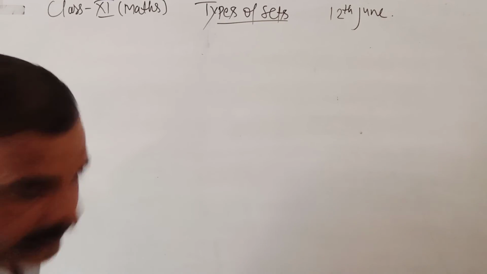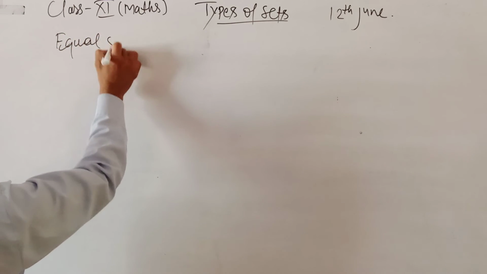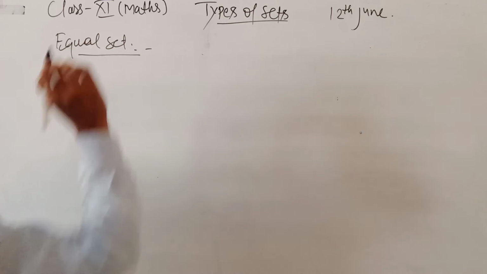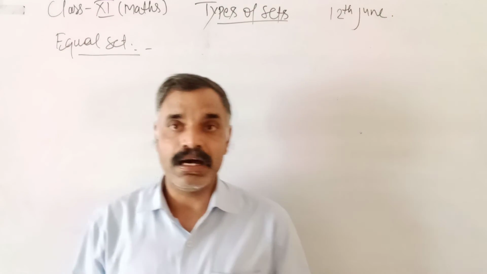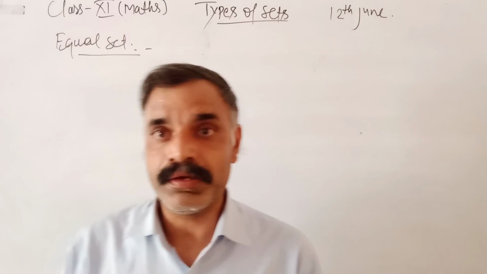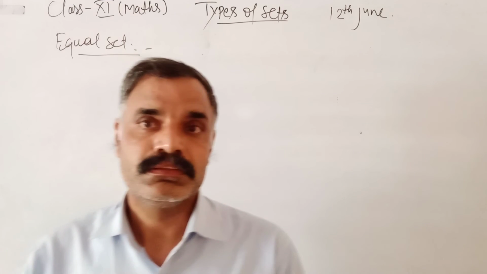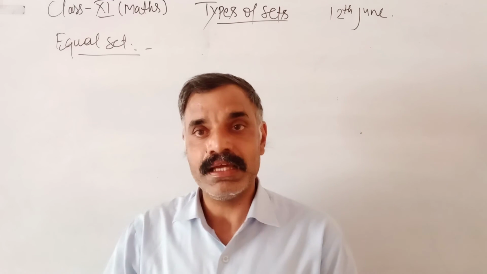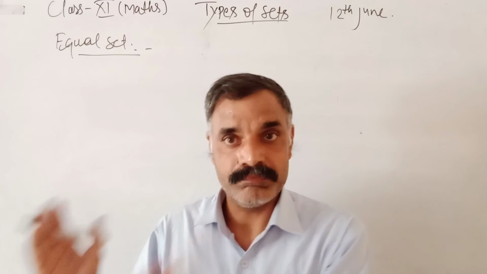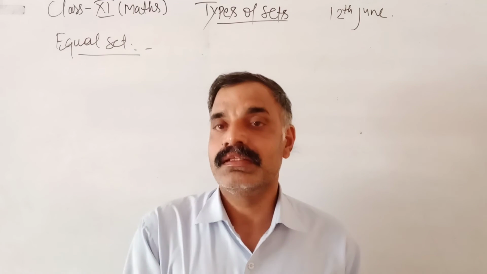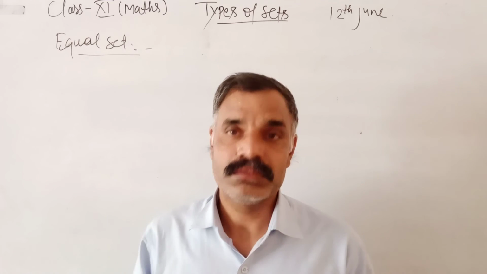Two sets are said to be equal sets if they have the same number of elements as well as the same elements. Same number of elements as well as the same elements are said to be equal sets.